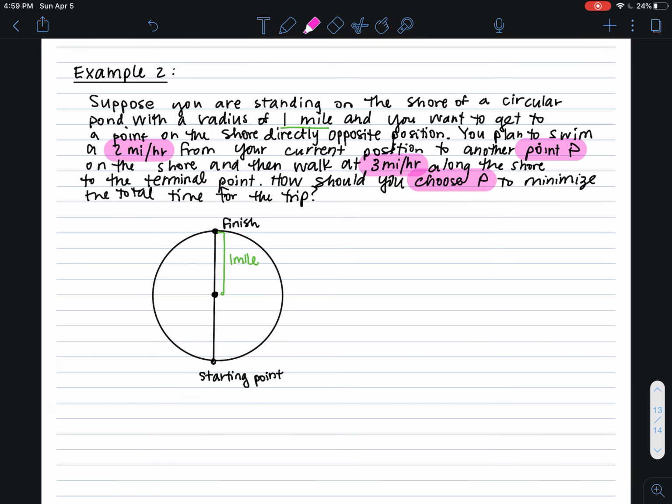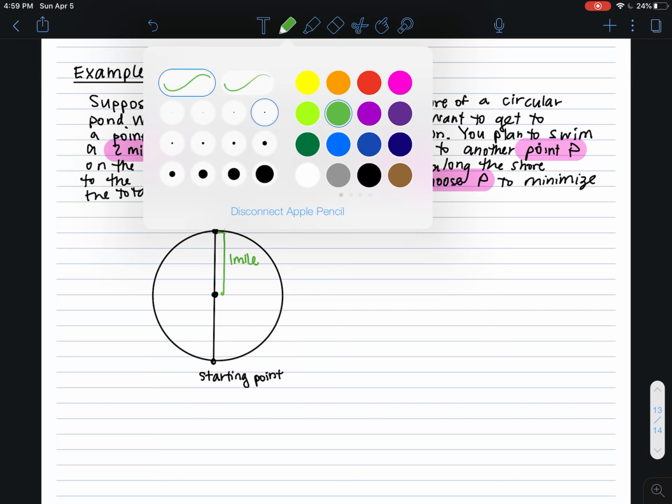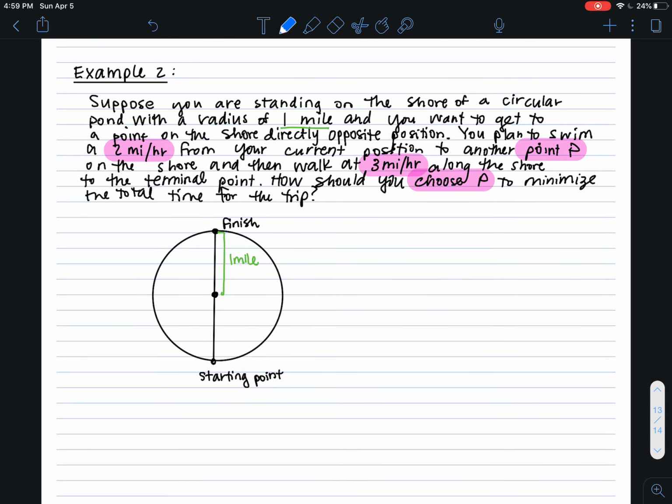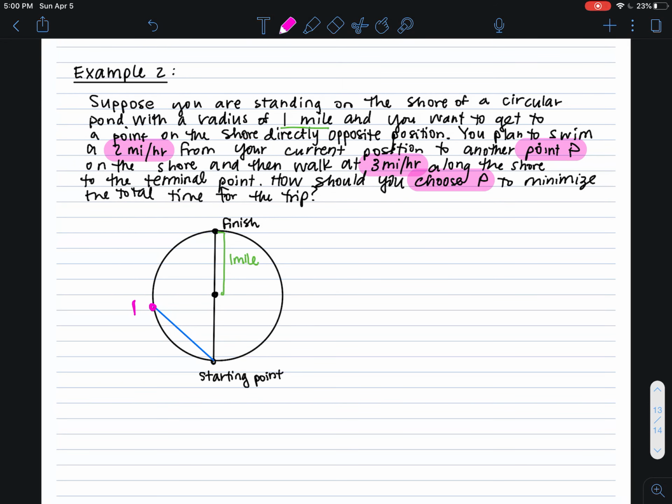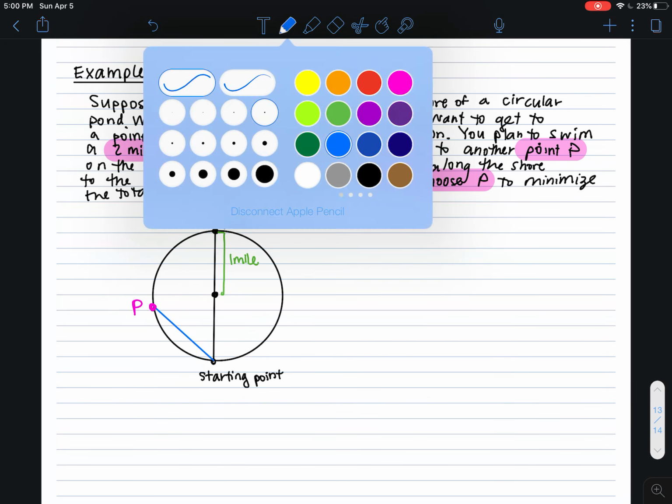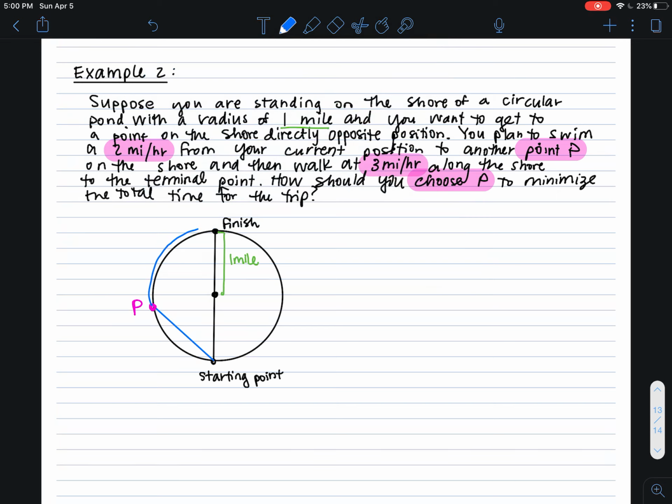And it wants us to choose some P. To kind of describe what's happening here, that means our path is going to be us swimming to some point P on the shore and then walking the remainder of the distance. It wants us to choose the point P that gives us the shortest time for this trip.